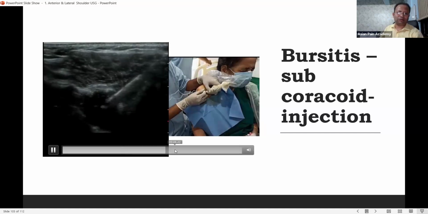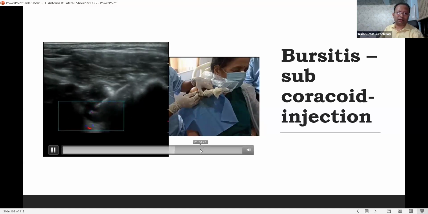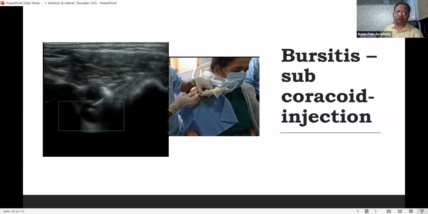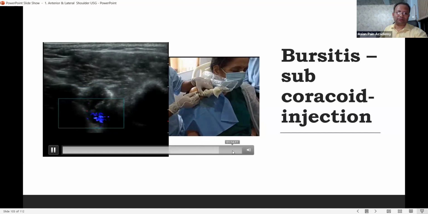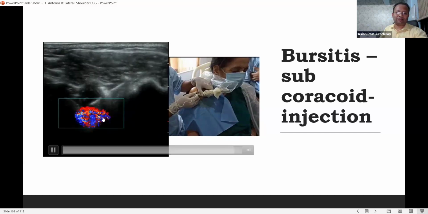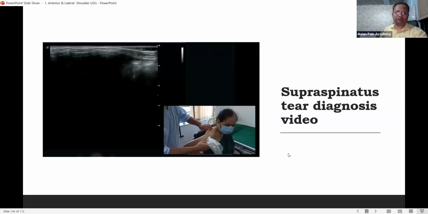So we are taking out, aspirating. This has become much smaller. And actually, we wanted to see whether it is a vessel or not. So he used Doppler, but it is not a vessel. Like that, we aspirate it and don't give a steroid.